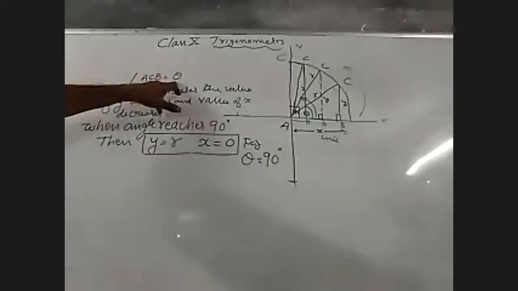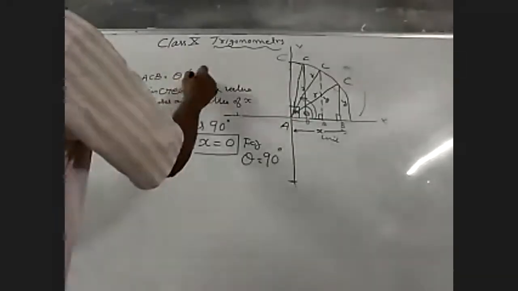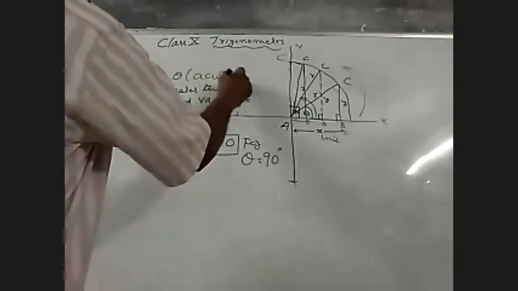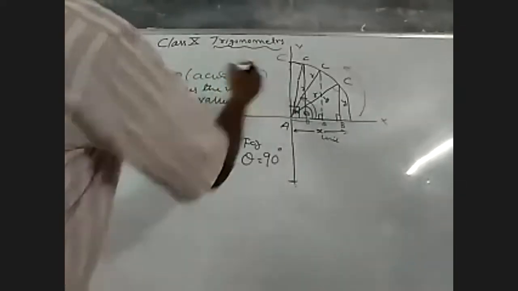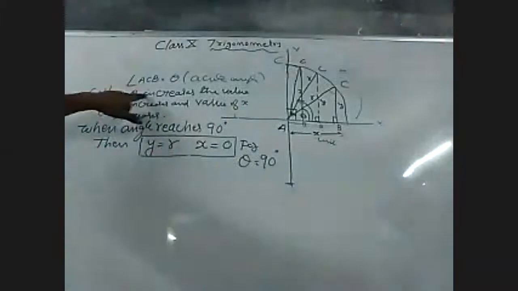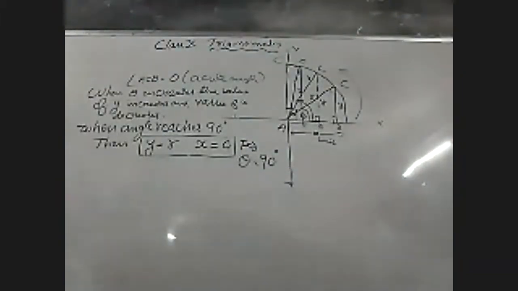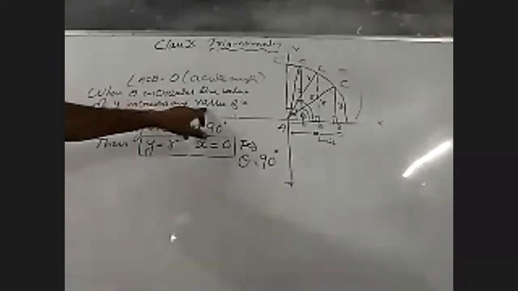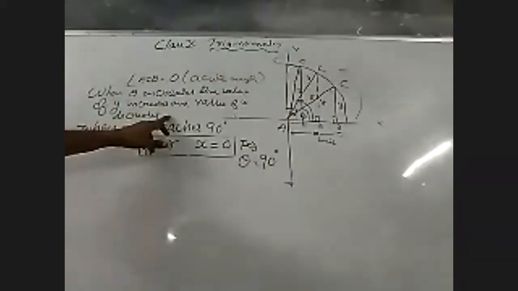Angle ACB is equal to theta, an acute angle. Write down the notes while I am teaching. When theta increases, the value of y increases and the value of x decreases.